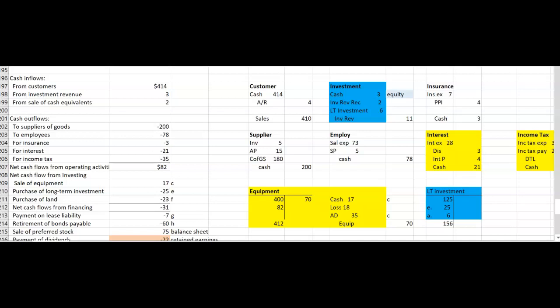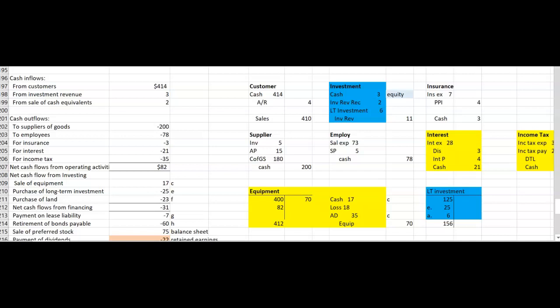Because they treat treasury bills as cash equivalents, the actual gain of $2 million is shown as a cash inflow from sale of cash equivalent of $2 million.